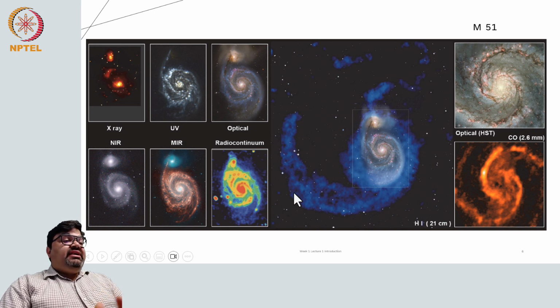So every wavelength band gives you new information. Collecting all the information from different wavelength bands will help us to make a complete understanding of what's actually happening in this particular object.